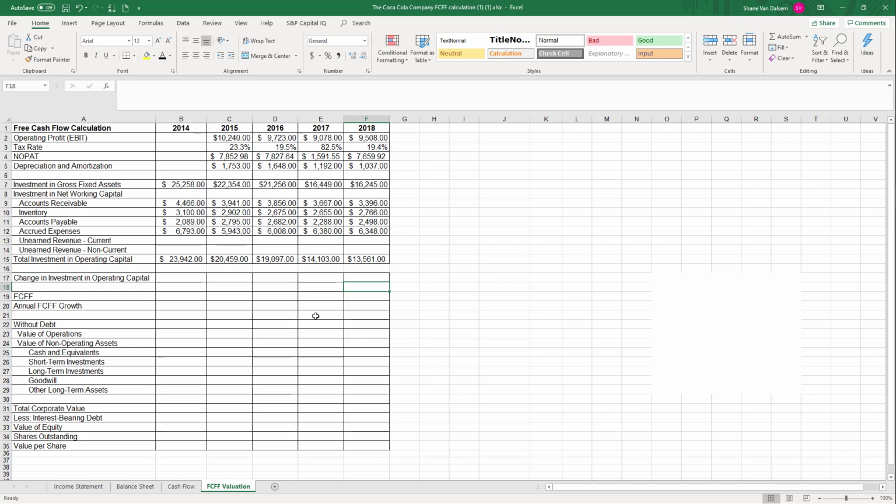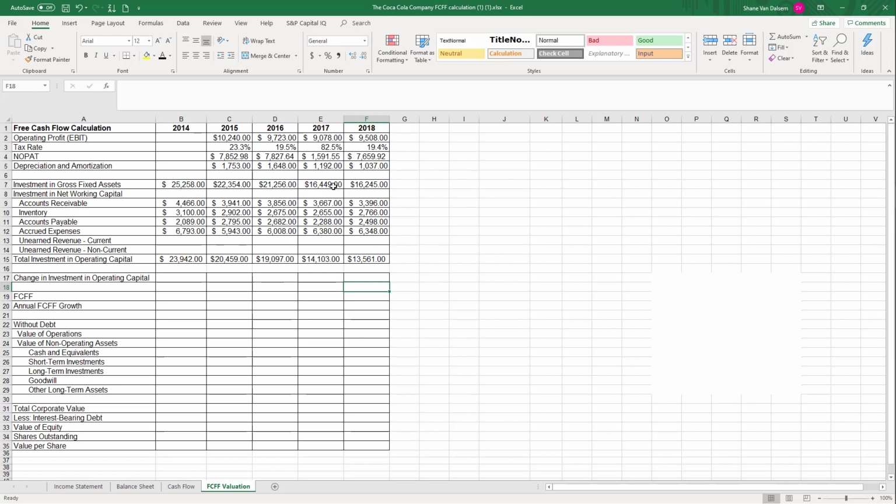So we see here they had $23 billion or $24 billion invested in 2014. That's been reduced to $13.5 billion in 2018. So a significant reduction in their investment in operating capital. We really see this here. A large driver of this is what occurred between 2016 and 2017.